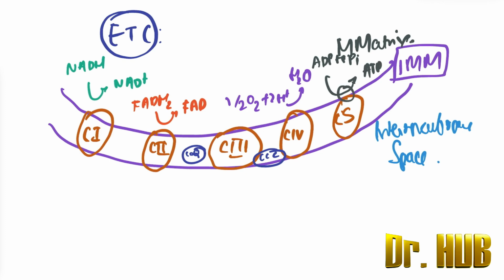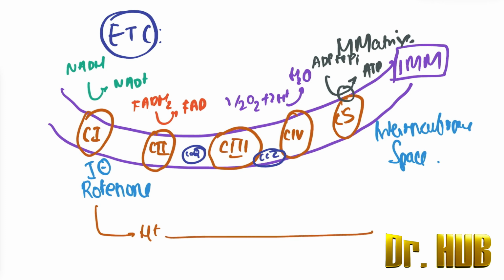So let's look at some inhibition which is taking place. Complex 1 will be inhibited by rotenone. This is the inhibition. Complex 1 gives rise to H plus, which is carried on to complex 5.